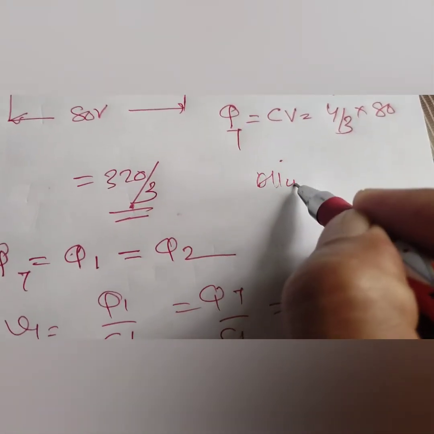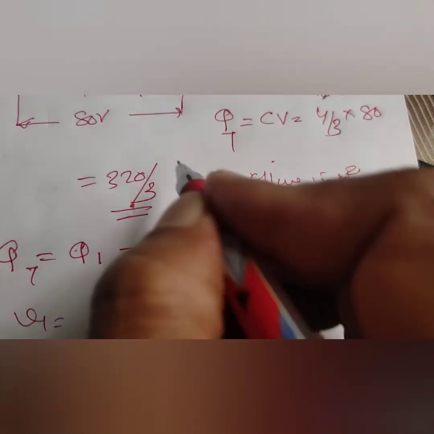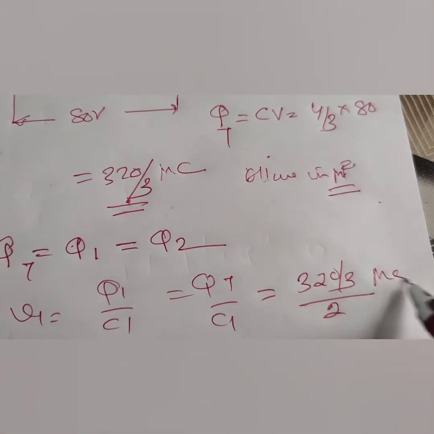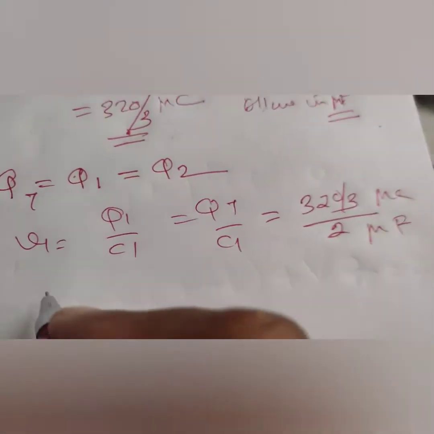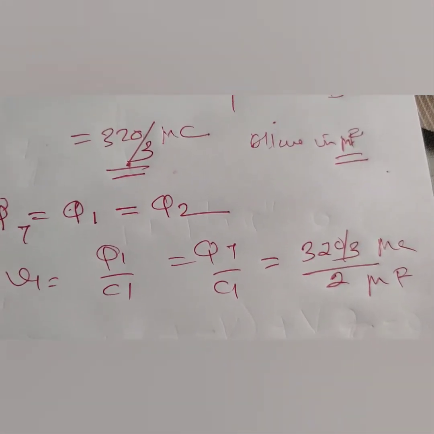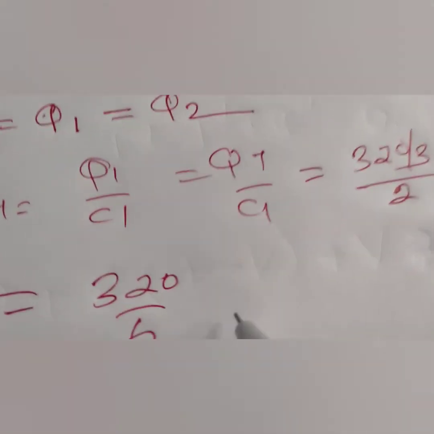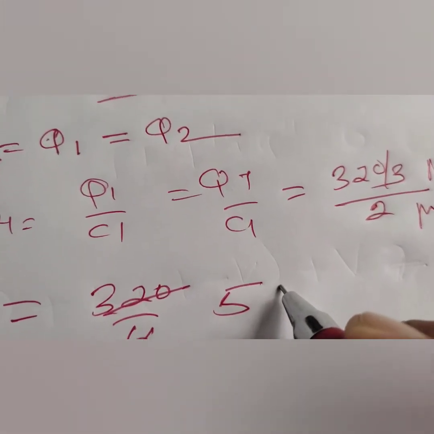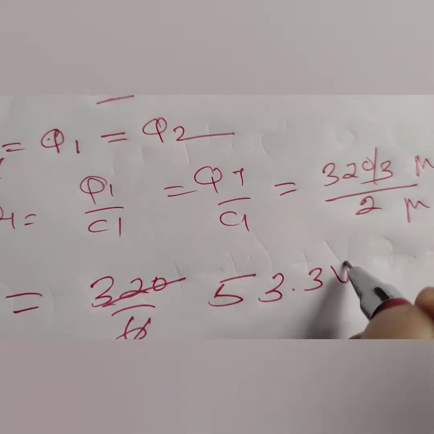Microcoulomb and microfarad, so micro we can cut out, giving about 53.3 volt.